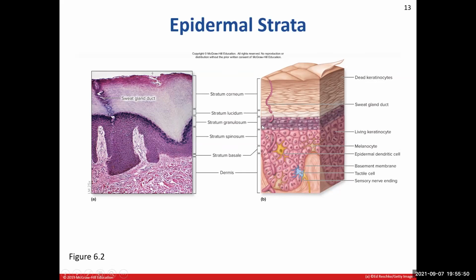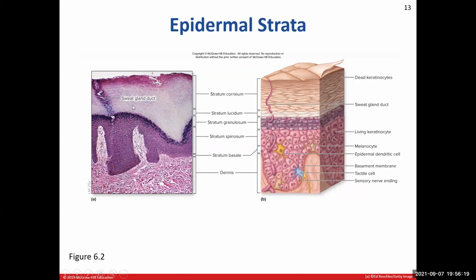And then we have our stratum granulosum. This is where the keratinocytes start to produce that keratin. And then our thin layer of the stratum lucidum, only found in the thick skin. And then our stratum corneum on top. So this is pretty much considered to be thick skin right here, because I won't even attempt to count the cell layers here, but it's many, many cell layers thick.